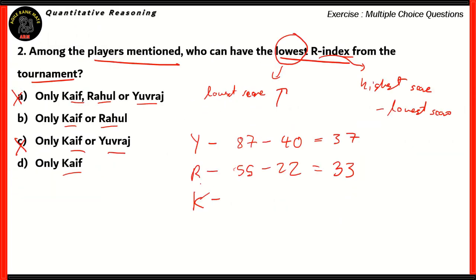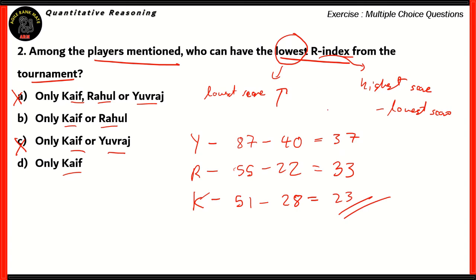So the highest score is 51, and the lowest score is 28. So 51 minus 28 gives you 23. So as you can see, Kaif's R index is 23.